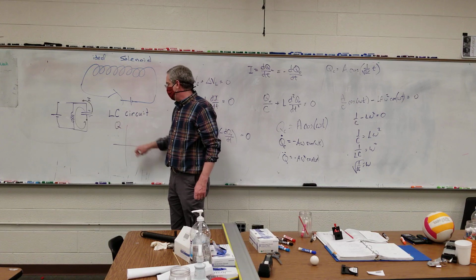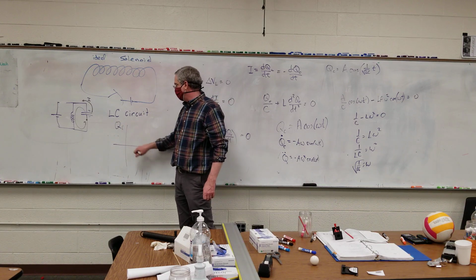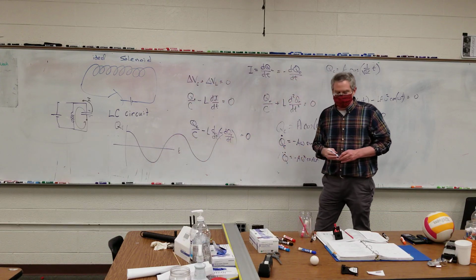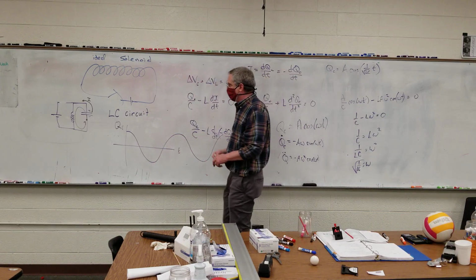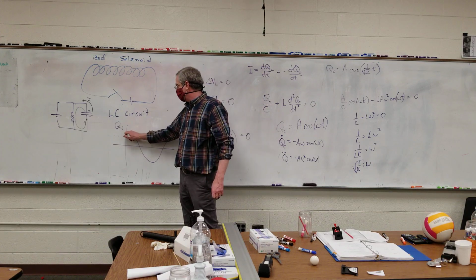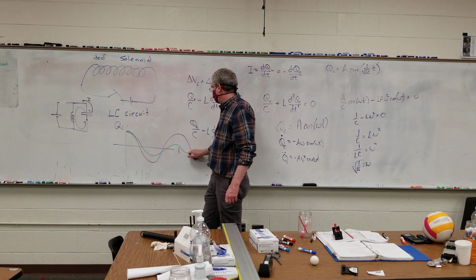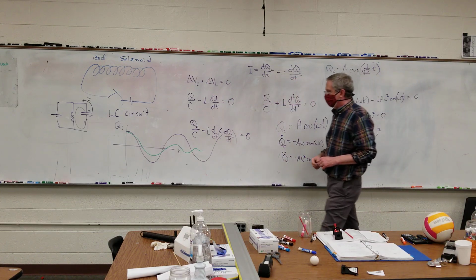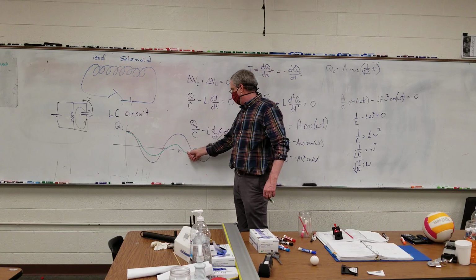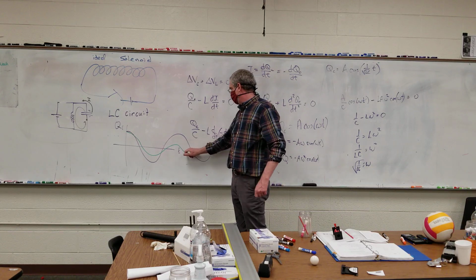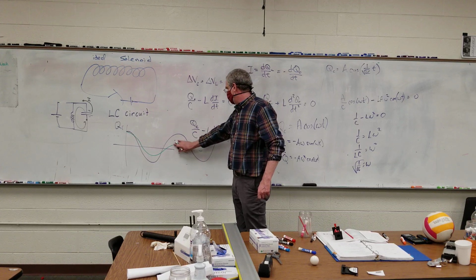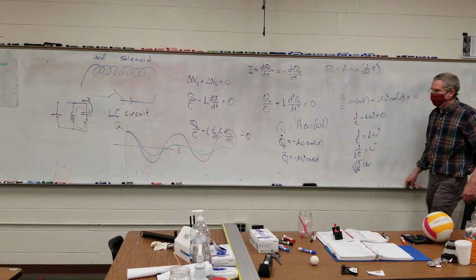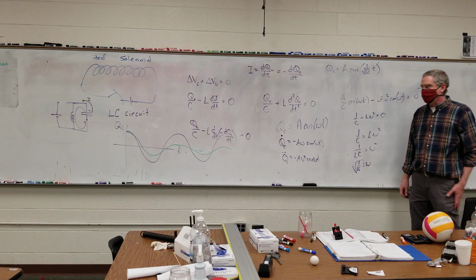So if I plot the charge on the capacitor, basically, it's a cosine curve there, or with resistance, it will eventually sort of peter out. I think it still maintains, still peaks at the same time, I believe.